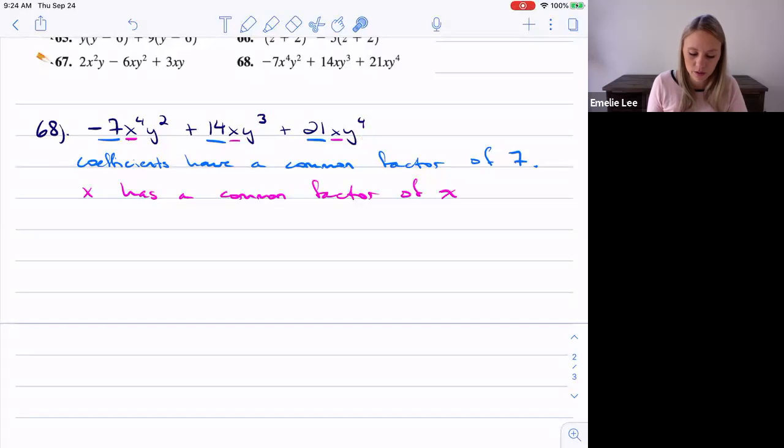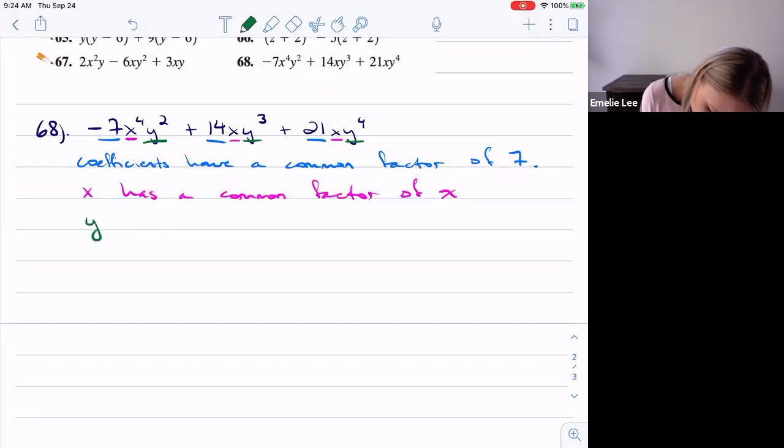So y to the power of 2 is my smallest possible power of y, and I'll be able to extract that from y to the 3 and y to the 4. Remember, y to the 3 you can rewrite as y to the power of 2 times y to the power of 1 because of how the exponents behave. So we'll be able to pull that out. y has a common factor of y squared.